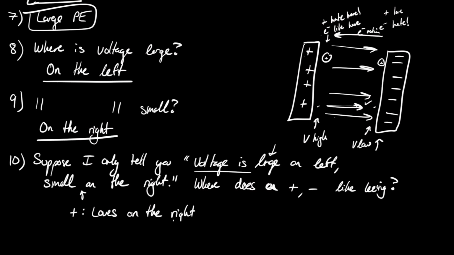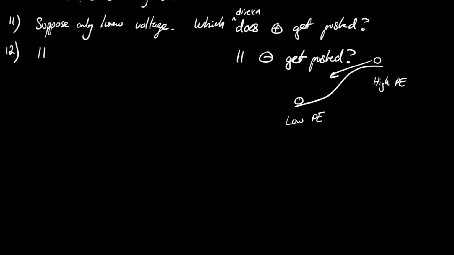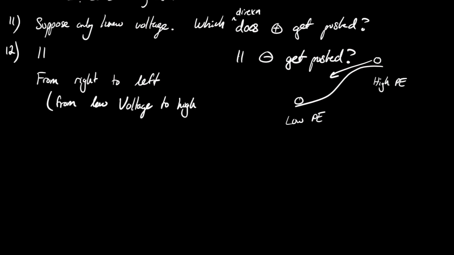So the electron will get pushed from the low voltage to the high voltage. It gets pushed from the right to the left. And again, this push is from low voltage to high voltage. And again, that doesn't bother us. Things get pushed from high potential energy to low potential energy.